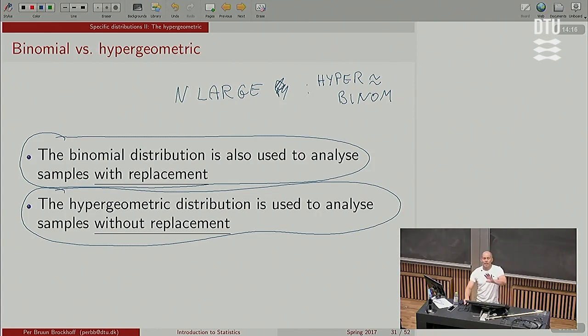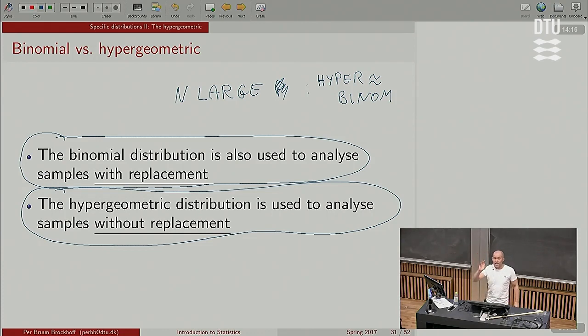Because if I just sample a few hundred out of some millions, the proportion p, I don't change the proportion really to any important degree. Maybe I change the p at the 15th decimal point or something like that. But that wouldn't really change the probabilities at the 4th or 5th decimal point at all.